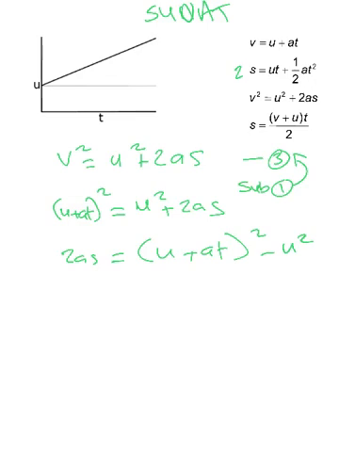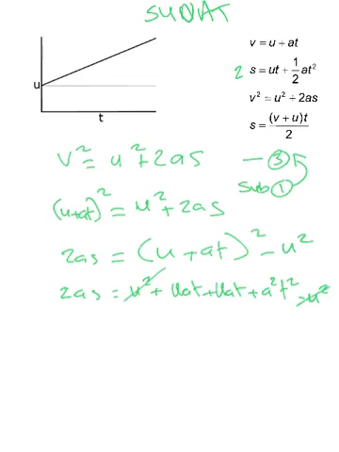So 2as ends up as u squared plus uat plus uat plus a squared t squared, and then don't forget the minus u squared at the end, because what's really great is I can just cancel, so I get left with this term in the middle.